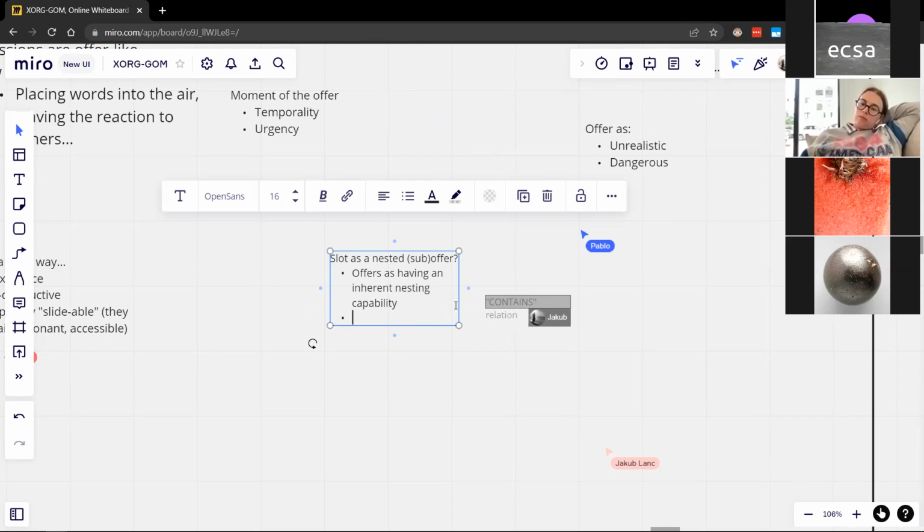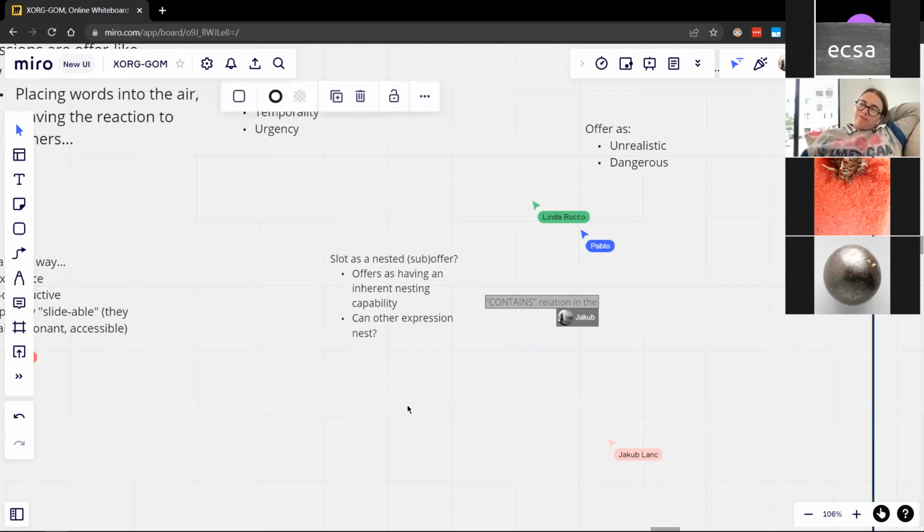And what I was thinking here is, as a questionnaire, I'll make a question: can other expressions nest? That's very vague, but the point is, can we think of nesting in a conversation? I do think it's possible.